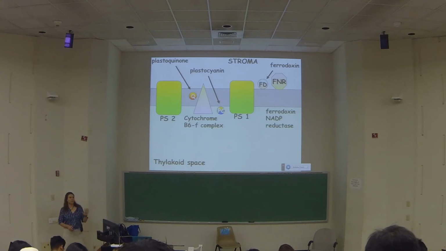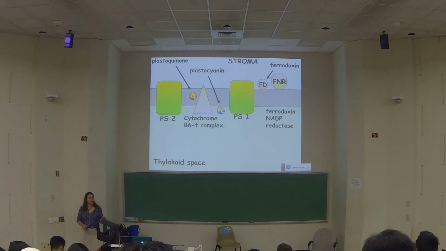So those are the major components, and we're going to look at what happens in each one of those, what their jobs are, and how the electrons and protons are moving through these complexes and across the membrane.